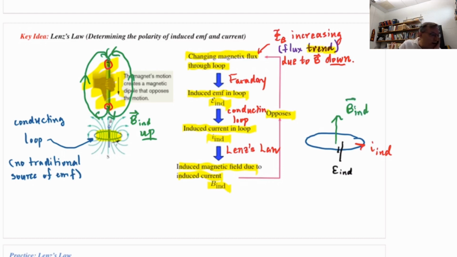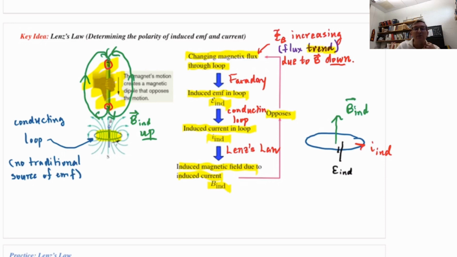Okay, there's a lot going on there. But the B induced must be upward, in this case, when my flux trend was an increasing flux due to a B downward. That's what started all this. I had an increasing magnetic flux through the loop associated with a magnetic field directed down.